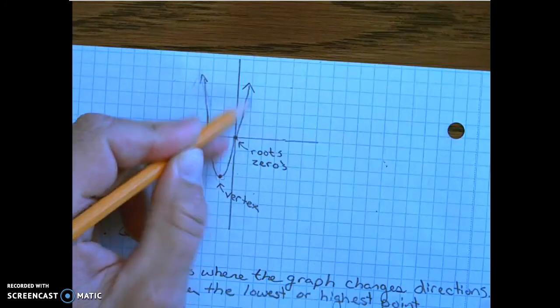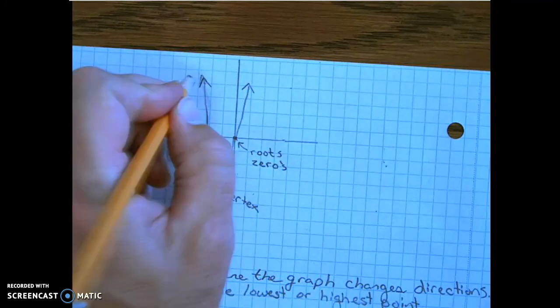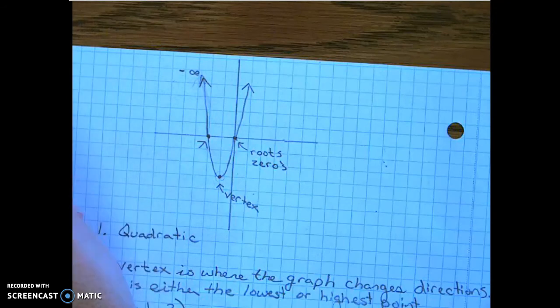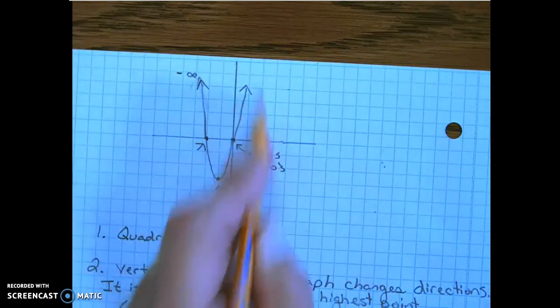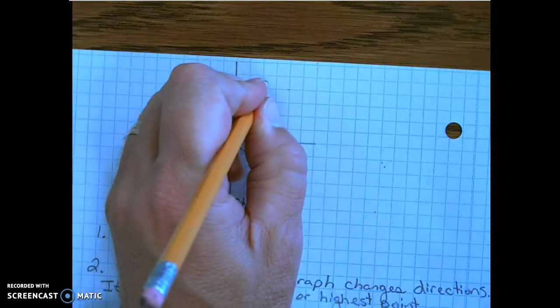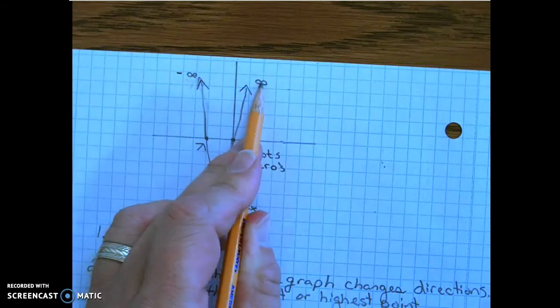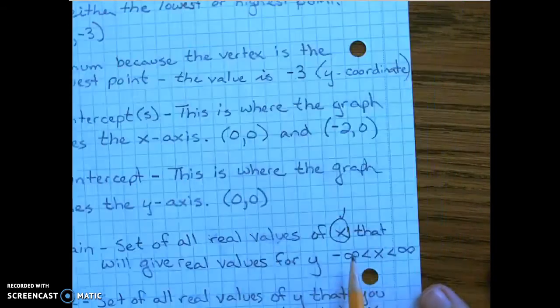It goes infinitely to the left because of the arrow, so it's going to negative infinity on the left. And on the right, since it's going in a positive direction, it's going to positive infinity. So the domain will be from negative infinity to positive infinity, and that's how we get our inequality notation.